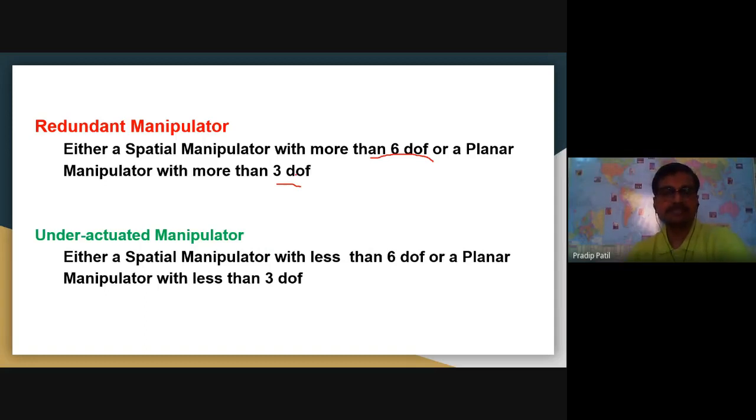Sometimes it is necessary to provide a redundant manipulator if you want to reach a place which is not easily accessed by common robots. Underactuated is when the spatial or planar manipulator has fewer degrees of freedom than what they are designed for, for example, 6 degrees of freedom in case of a spatial manipulator, or 3 degrees of freedom in a planar manipulator.